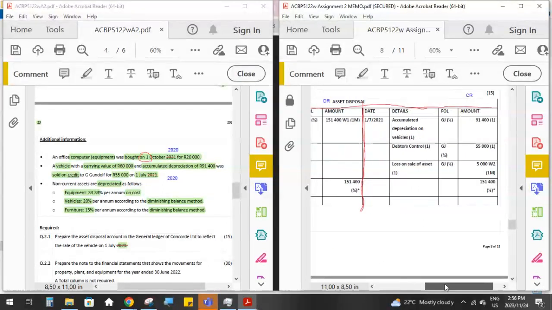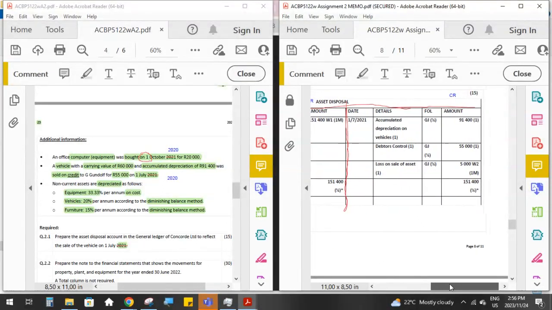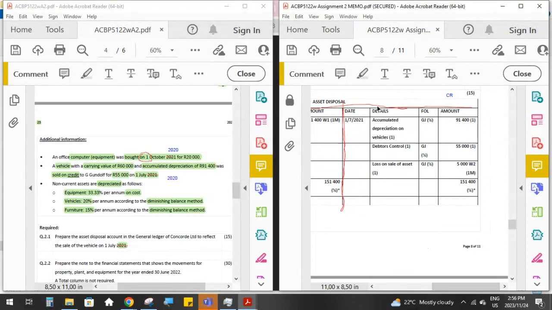And the same thing on the right-hand side of all of your T accounts. In this details column, I write down the name of the GL account that I debited. Remember, this is the credit side of the asset disposal account.